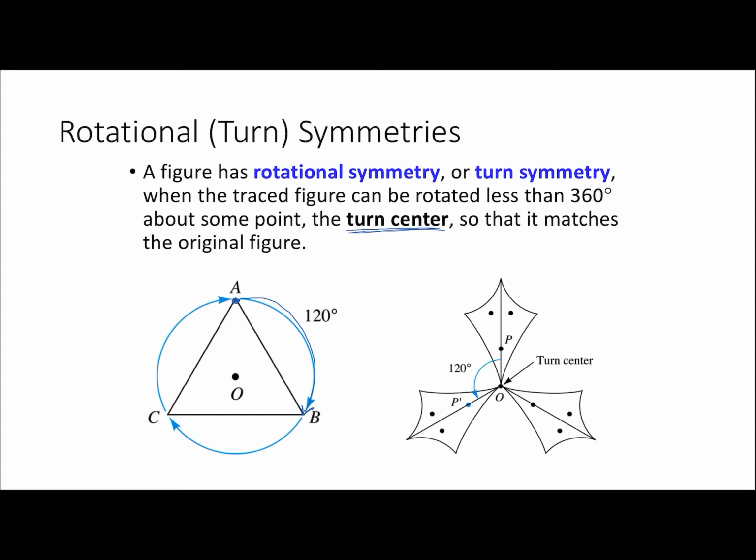But the shape would look the exact same, and so it would have what we call rotational symmetry. And you could even do that again if you were to rotate it another 120 degrees, where point A ends up being at point C, then point C goes to point B, and point B goes to point A, and so again you have another rotational symmetry, with point O here in the middle being our turn center.